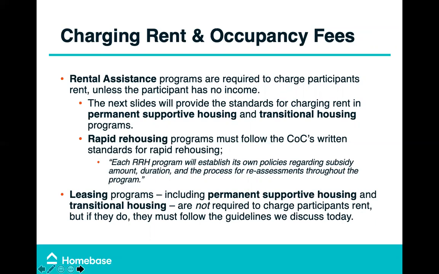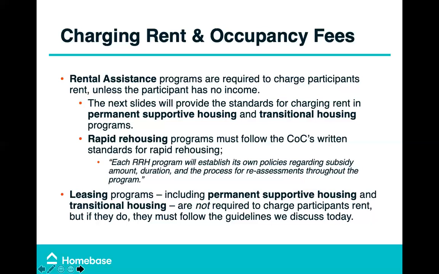Rapid rehousing programs have to follow the San Mateo County CoC's written standards, which state that each rapid rehousing program will establish its own policies regarding subsidy amount, duration, and the process for reassessments throughout the program. So what this is saying is that it's up to each program to decide how and when to charge rent in rapid rehousing programs.